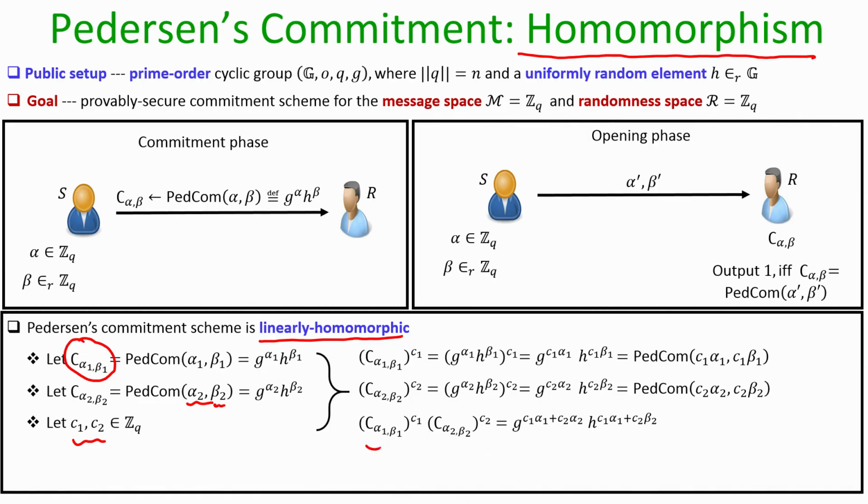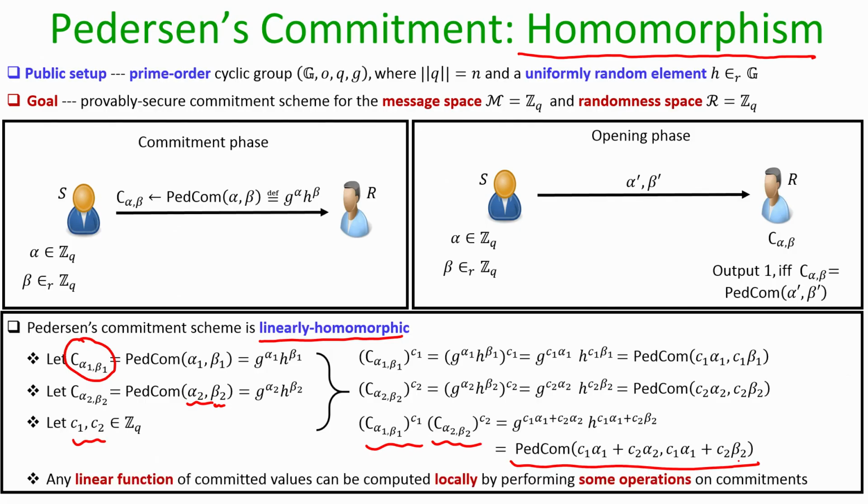And now, if I take these two computed commitments and multiply them, I end up getting a value which can be treated as a Pedersen commitment of the value C1 times alpha 1 plus C2 times alpha 2 with respect to the randomness C1 times beta 1 plus C2 times beta 2. What it means is that any linear function of the committed values can be computed locally by just performing some operations on the commitments.